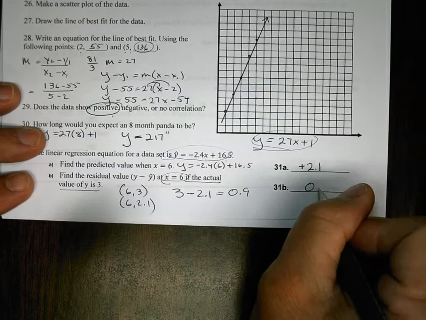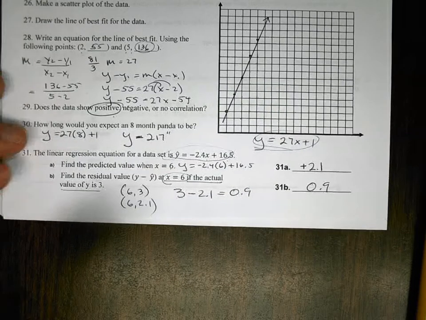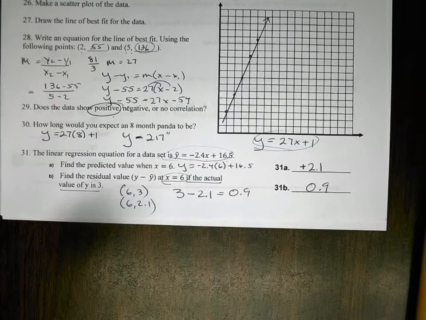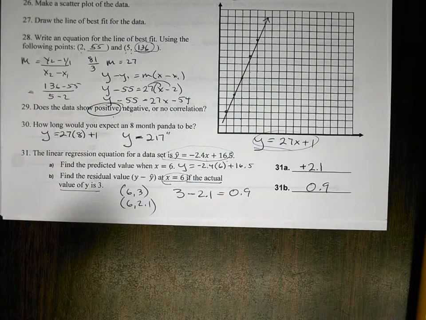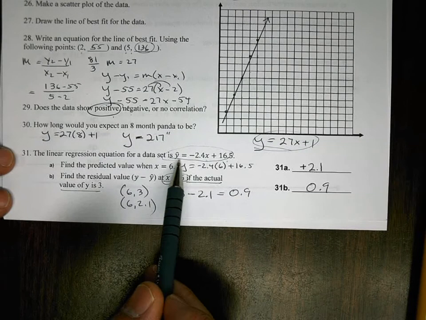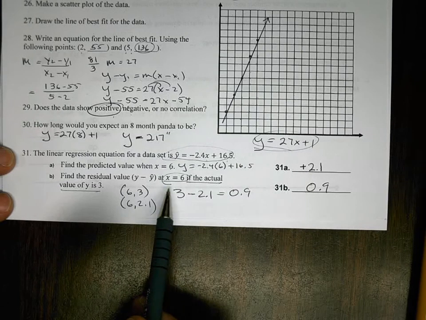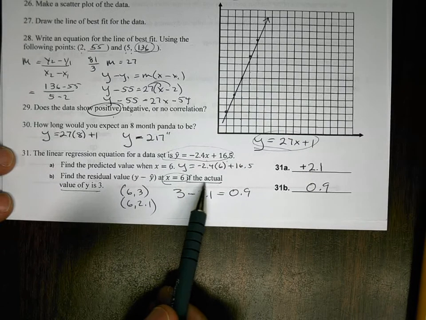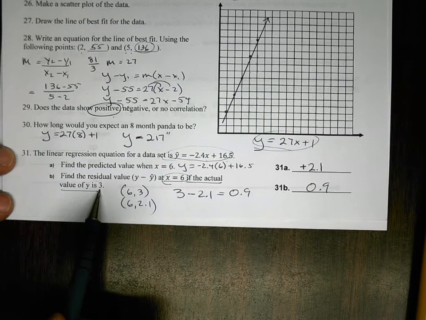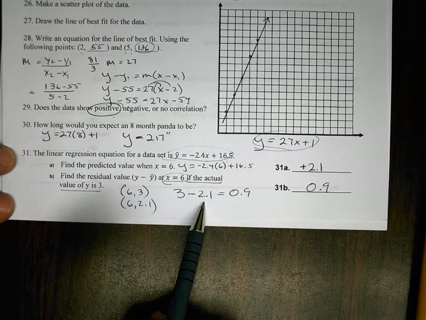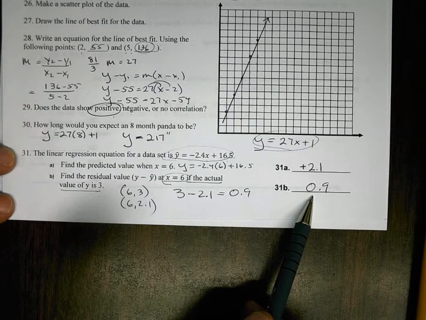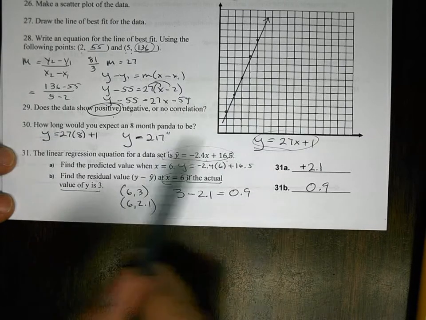Do you understand that? A question just like that is on the test. Does everybody understand that? We plugged 6 into this equation to find the predicted value. And then it tells you when x is 6, the actual data is 3. So we simply went 3 minus 2.1 to get 0.9. This question's on the test. Okay? I think that's it.